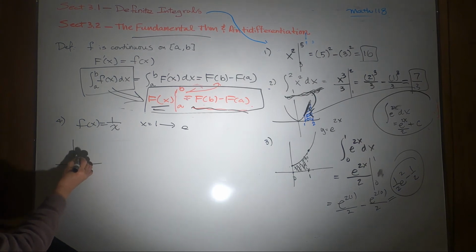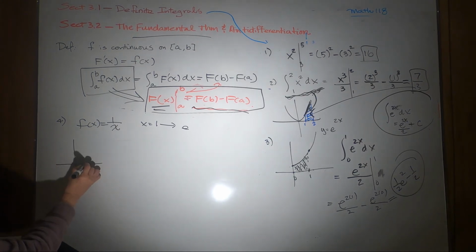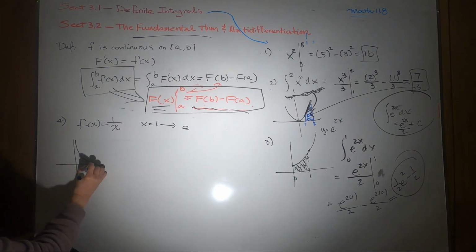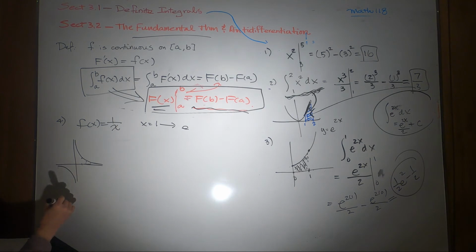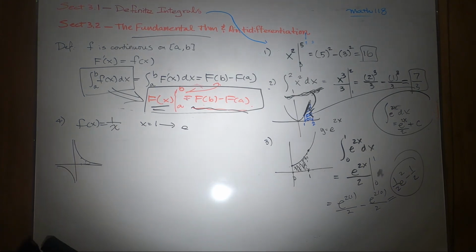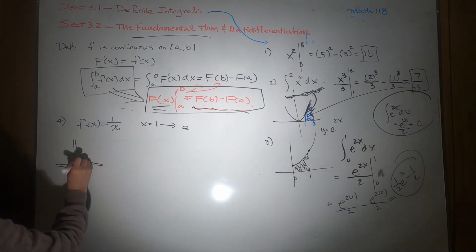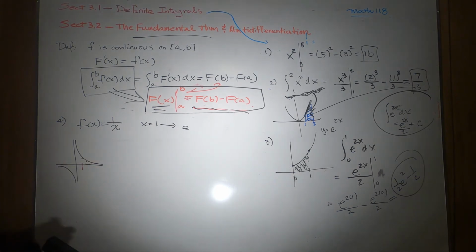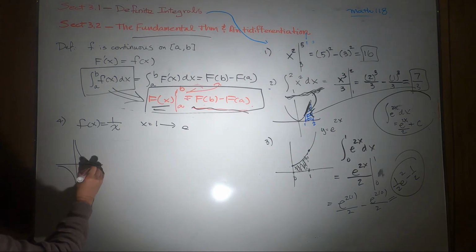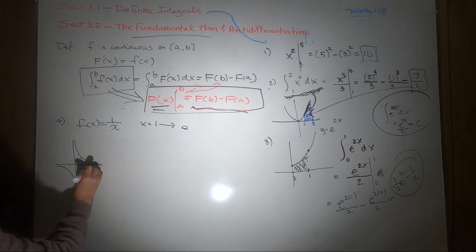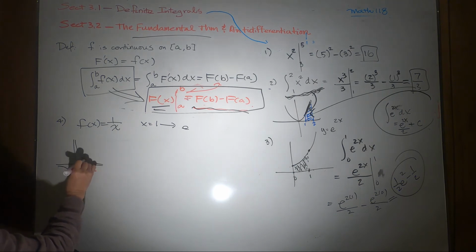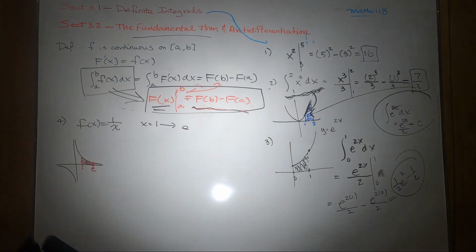X is 1, 2 would be half, 3 would be 1/3, so use your calculator to see the graph first. Then we want to do from 1 to e. 1 is here, right? E is what? 2.71 something, right? So e is here. Then it wants you to find the area underneath the curve.